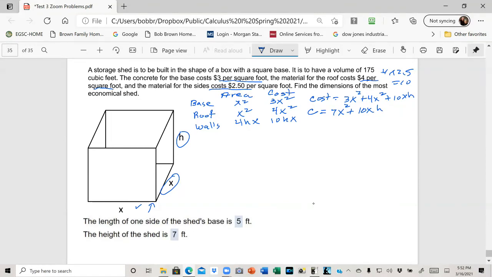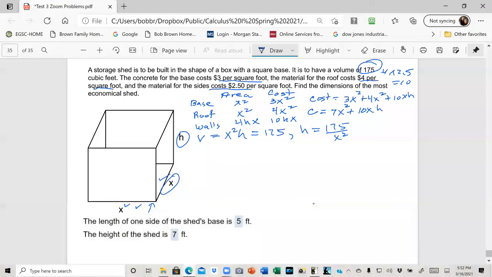Now we got a function here that has 2 variables, x and h. How do we get it down to just x? We got to realize that the volume is going to be 175. So the volume of this is x squared h. And that's supposed to be 175. So we can solve for h, which is equal to 175 over x squared.